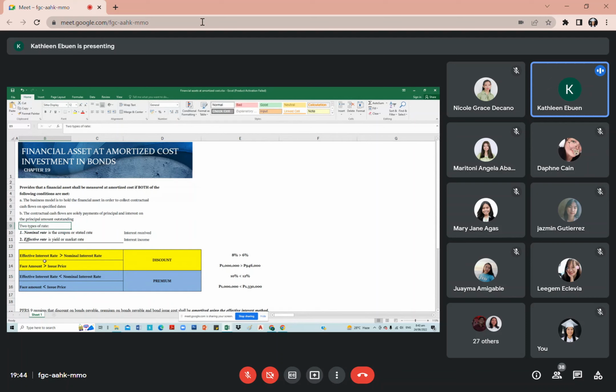Okay. So, if the effective interest rate is greater than the nominal interest rate, therefore, pinurchase natin yung bonds at a discount. Also, the face amount will be greater than the issue price. So, kung ang face amount natin is 1 million, therefore, ang issue price natin would be less than the face amount. So, example natin, 946,000.